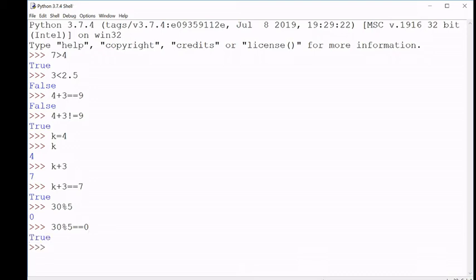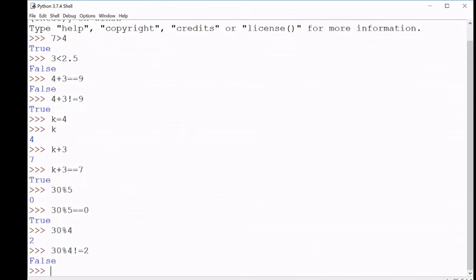And it says true. Similarly, if I did 30 % 4, I get the answer 2 because 30 has a remainder of 2 when I divide by 4. So if I ask the computer 30 % 4 not equal to 2, it tells me false because it is in fact 2.